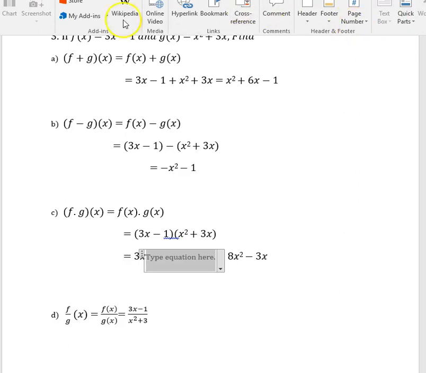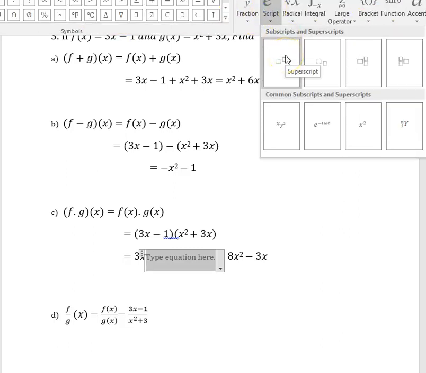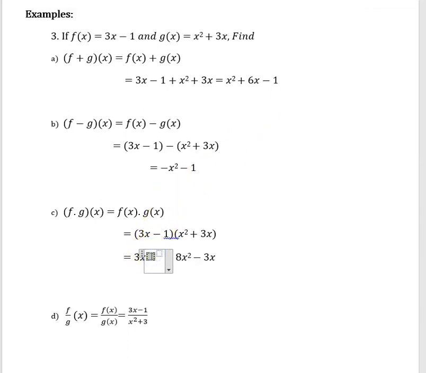So it means my power is going to be 3. So let me just change it there. And then that's what you should have. And then this times that is 6x squared, 9x squared minus that gives you that, and that will give you that.